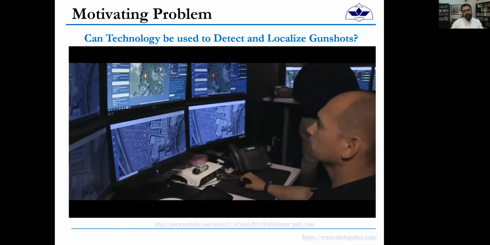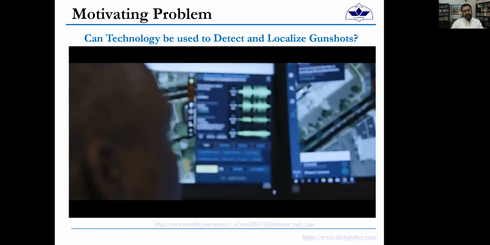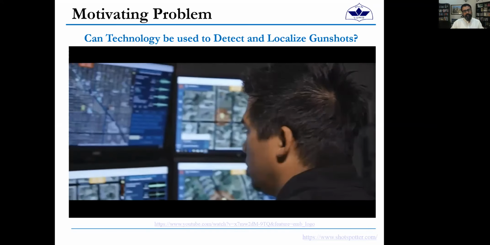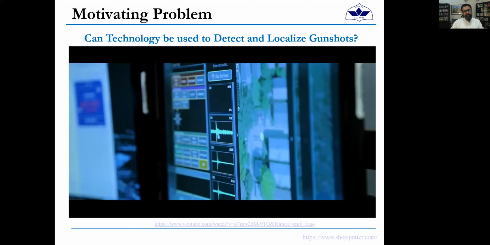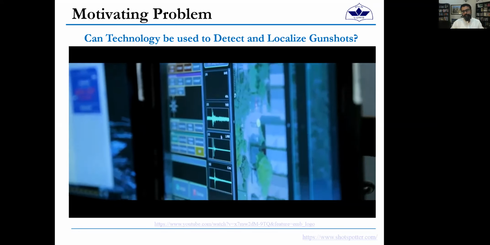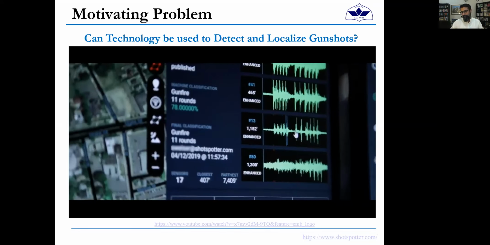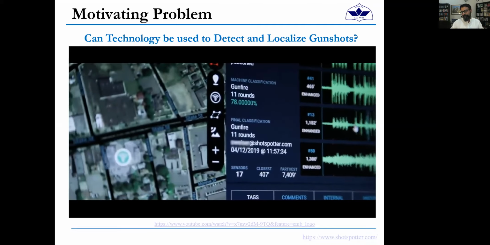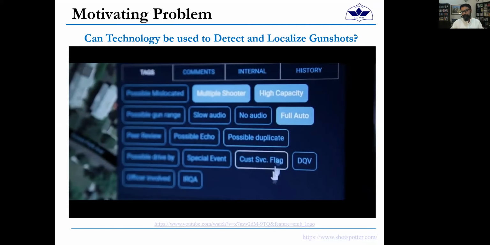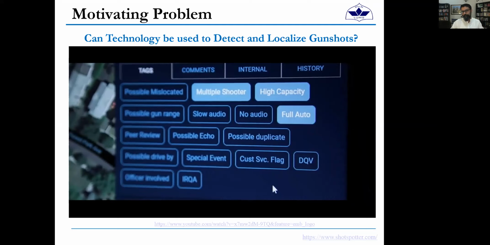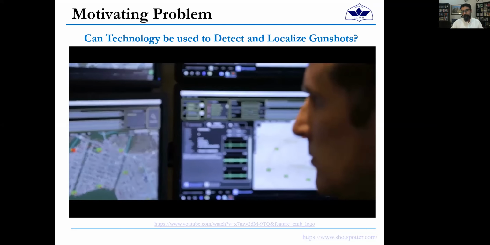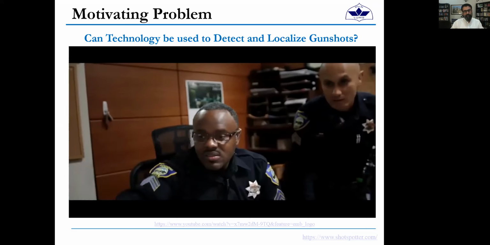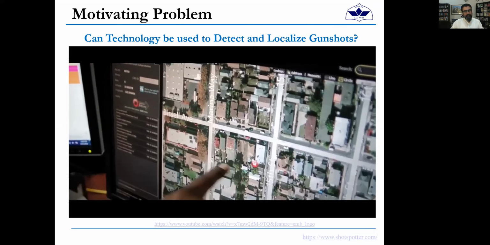ShotSpotter acoustic analysts receive extensive training on reviewing and classifying gunfire by distinguishing gunshots from other impulsive sounds that are not gunshots. In addition, they are trained to append additional contextual information, such as multiple shooter alerts or full automatic weapons alerts, that can prove to be essential tactical intelligence for law enforcement agencies responding to these crimes.